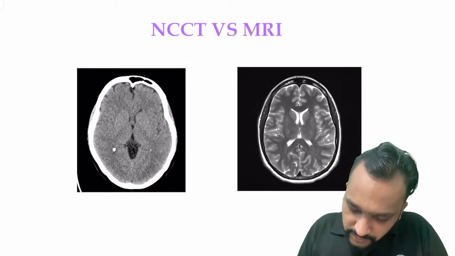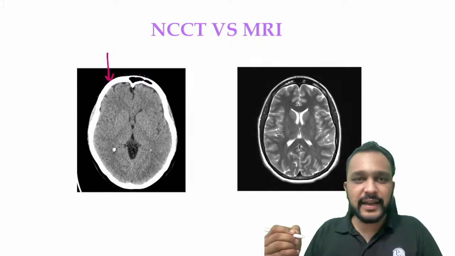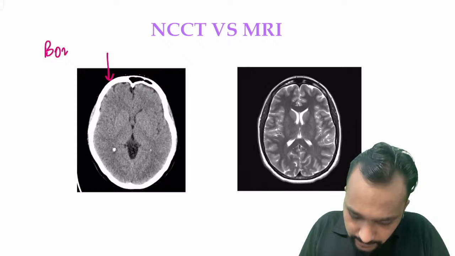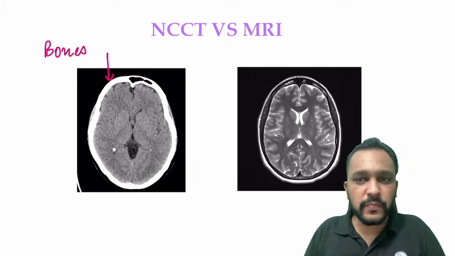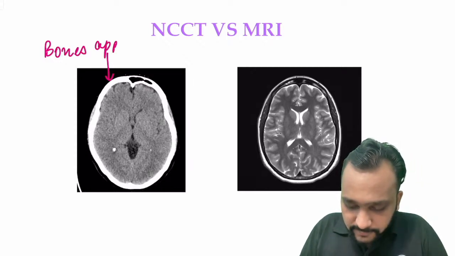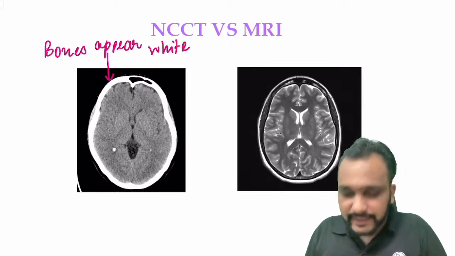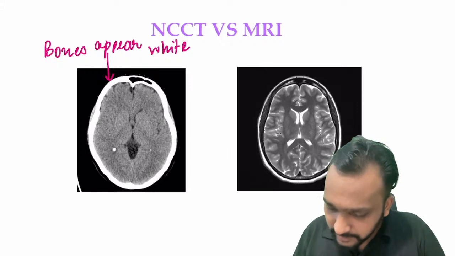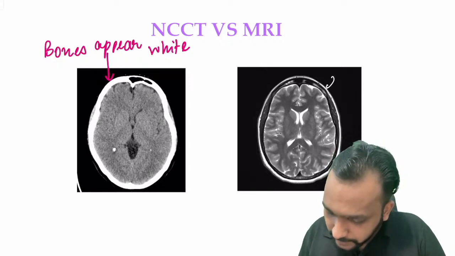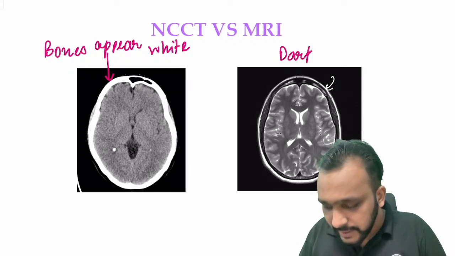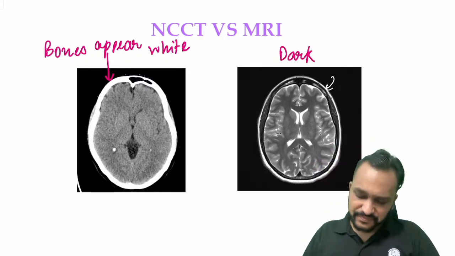So the simple way to identify a CT image is to look at the bones, right? This is a very basic thing that every one of us knows, that bones appear white on the NCCT head images, and if we look at the MRI images, you will see that the bones are appearing dark. Bones are appearing dark on the MRI images, right?